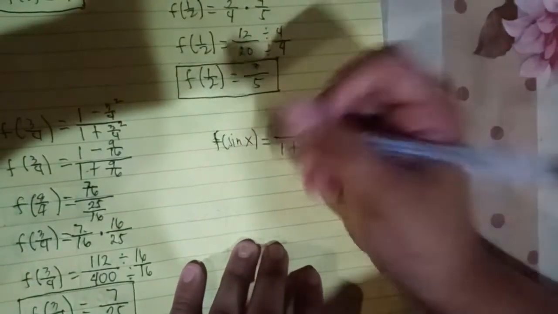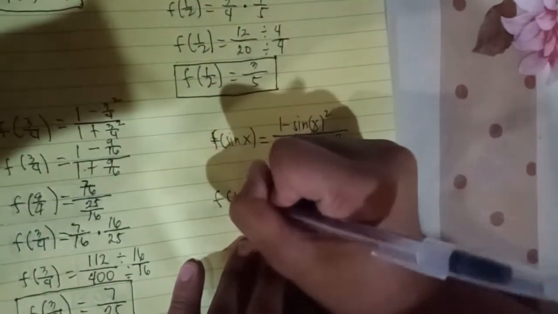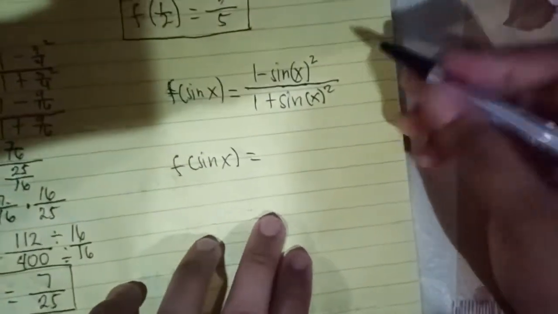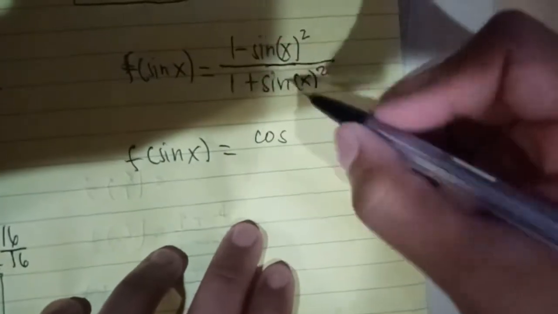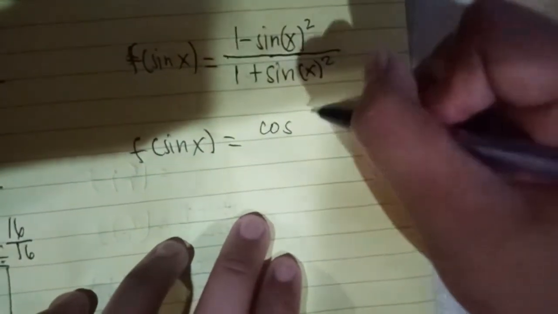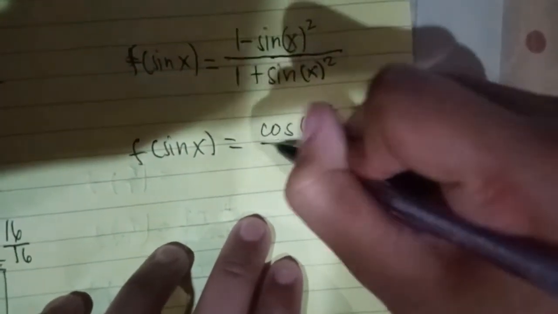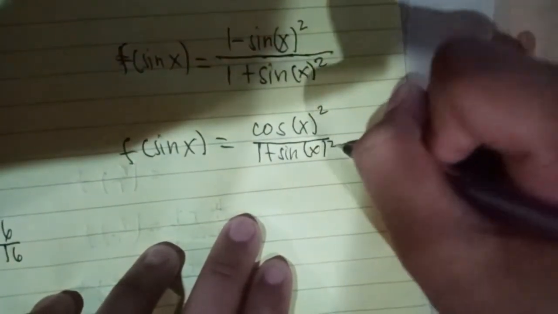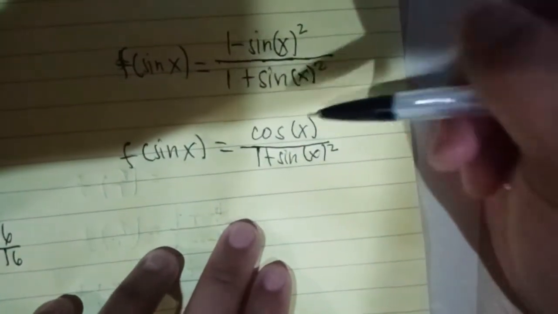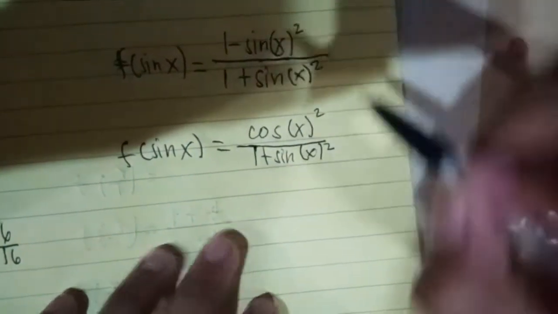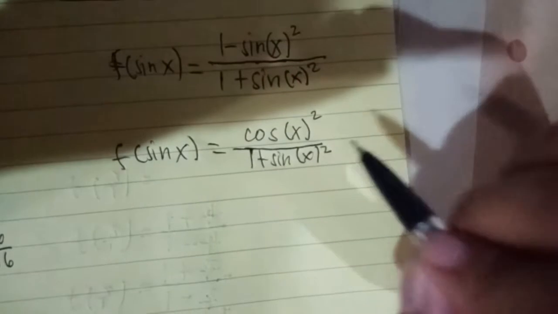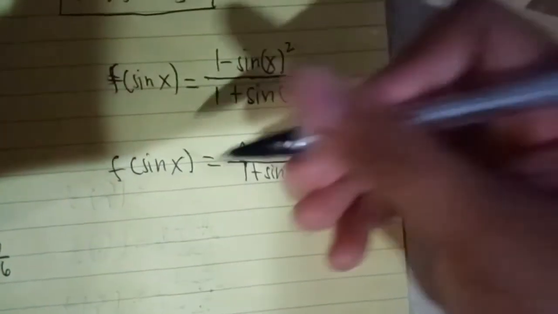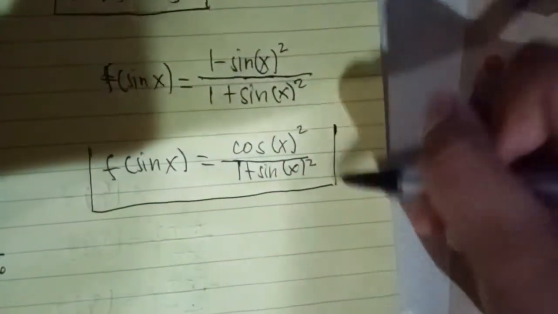So it will now become f of sine x is equal to cosine x squared over 1 plus sine x squared. So why cosine x squared? Because in trigonometric identities, 1 minus sine x squared is equal to cosine x squared. So this is now our answer.